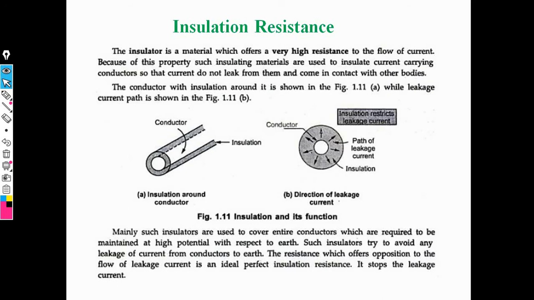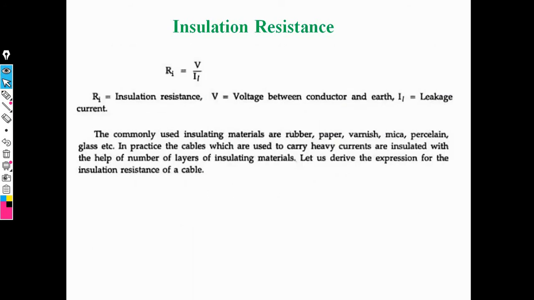Also we need the main property of insulating material. Insulating materials are used to provide protection for the conductor, so that no current flows in the insulating material. There are several examples of insulating material like rubber, paper, varnish, mica, porcelain and glass.